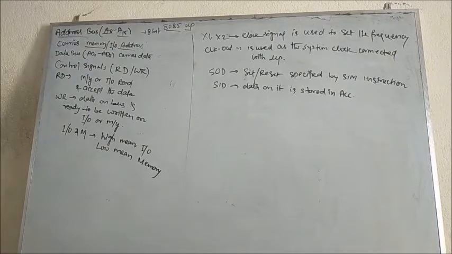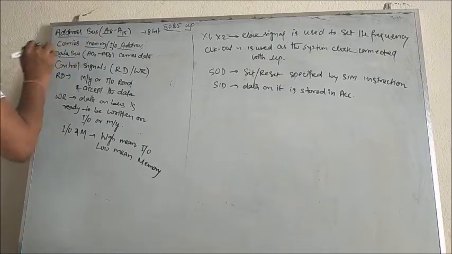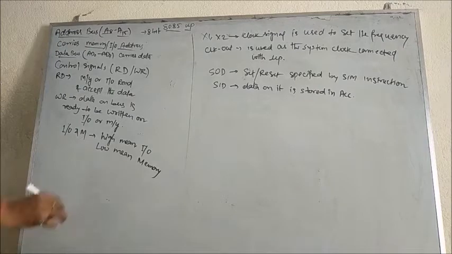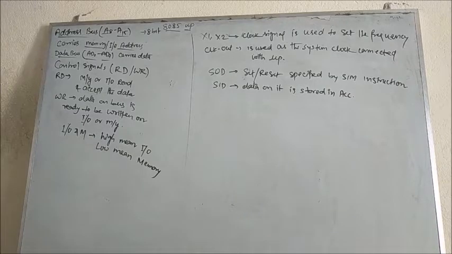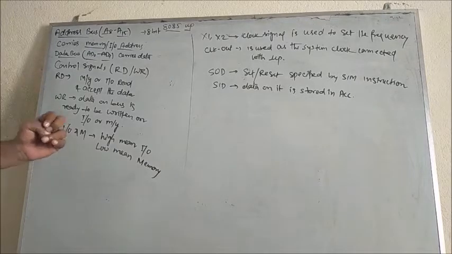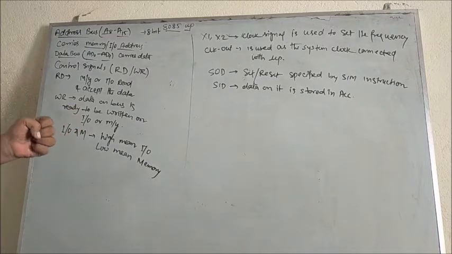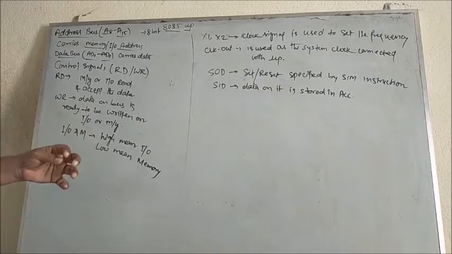Next is your data bus. What is the data bus? The data bus is from AD0 to AD7, which carries the data between the IO or memory. See, one thing in computer organization, every computer peripheral has its own local memory.